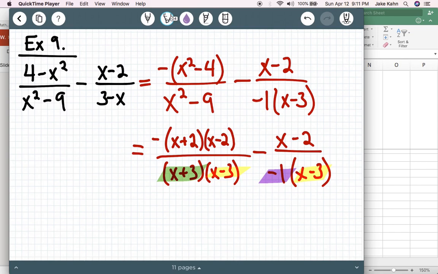Okay, negative x plus 2 times x minus 2, we're going to multiply top and bottom of that by negative 1. If it looks a little strange right now, that's okay.